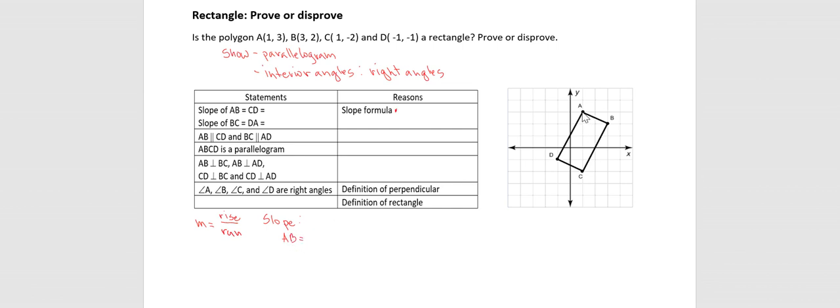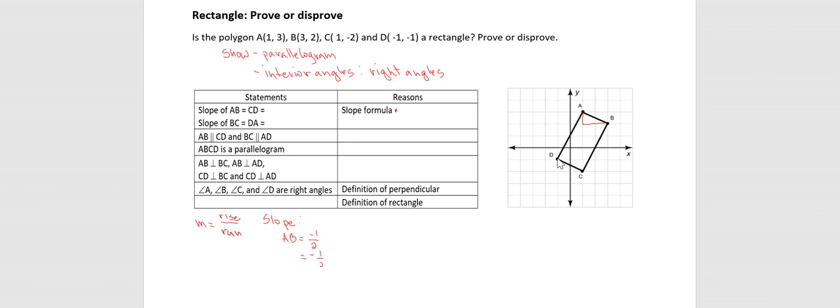From point A, we move 1 unit down, so that is -1. Then 1, 2 units right to B, so that is +2. So the slope of line segment AB is -1/2.